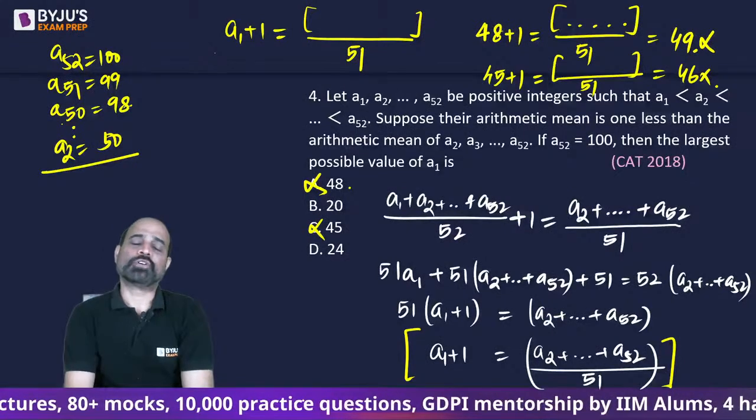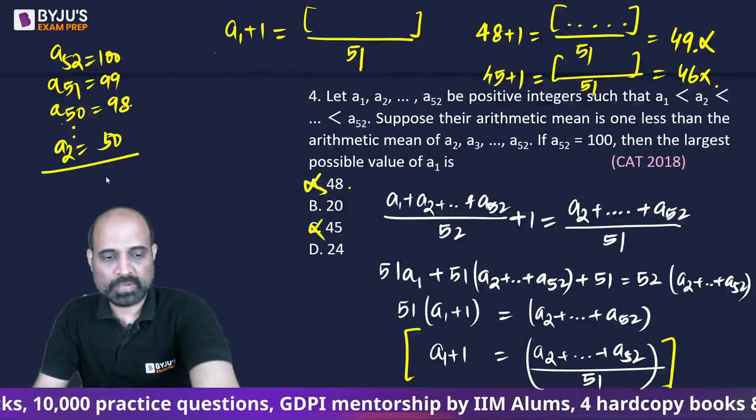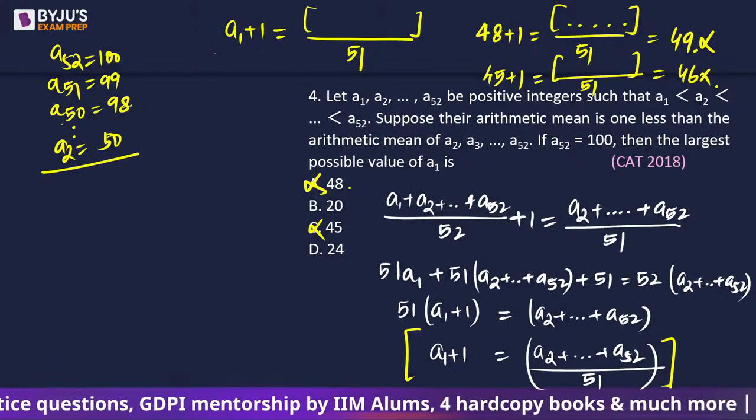Okay, let's take 24. Okay, so मैं अपने आप को hide कर देता हूँ. We need space.